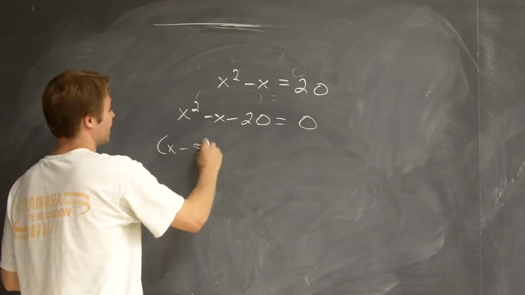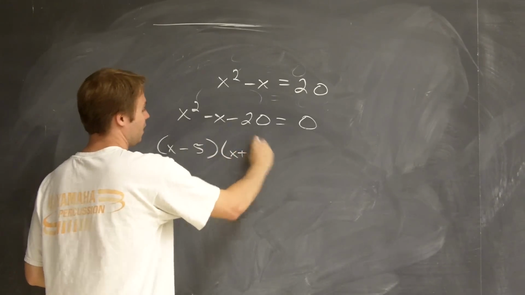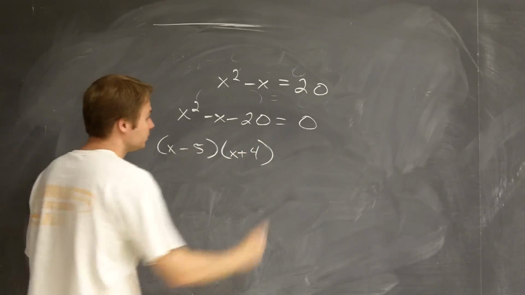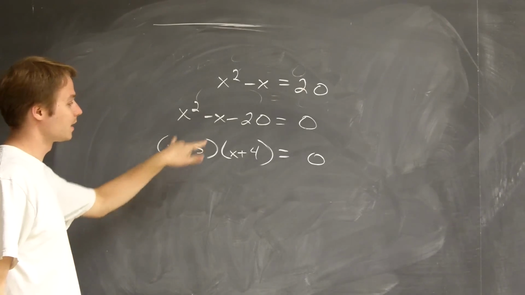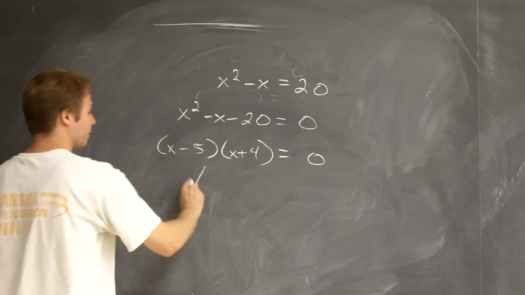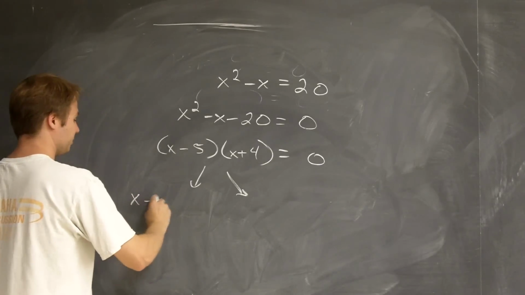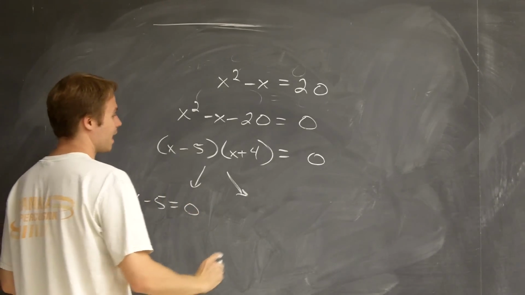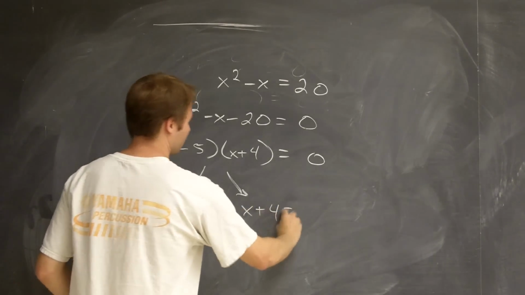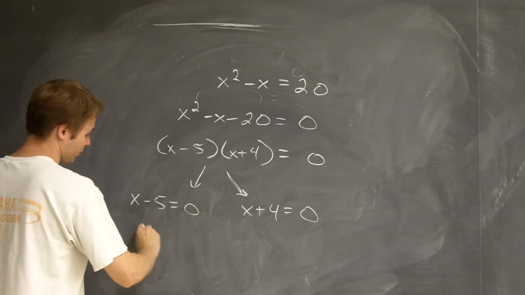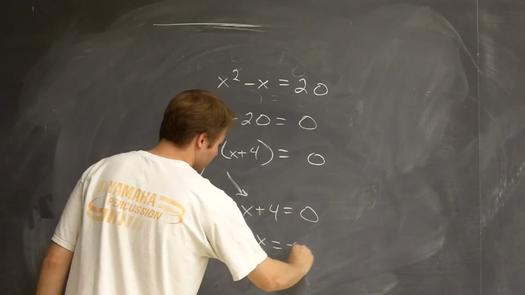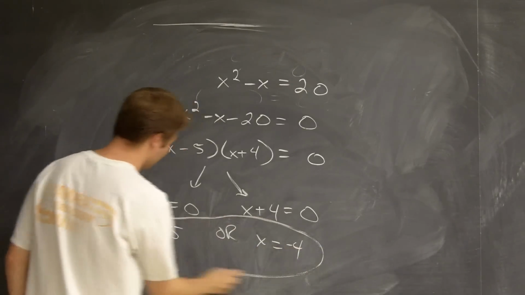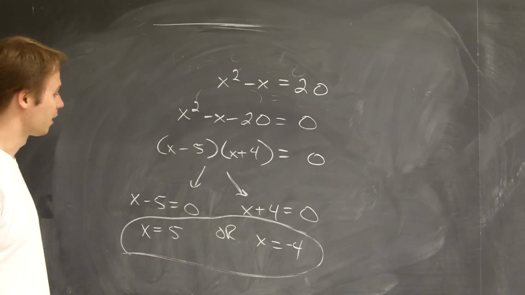And those are negative 5 and positive 4. Now this is a good one because now this says something times something equals 0. I can split these up. x minus 5 is equal to 0. x plus 4 is equal to 0. So I get that x equals 5 or x equals negative 4. So I get my two solutions like that.